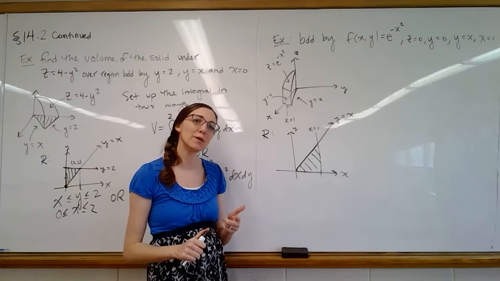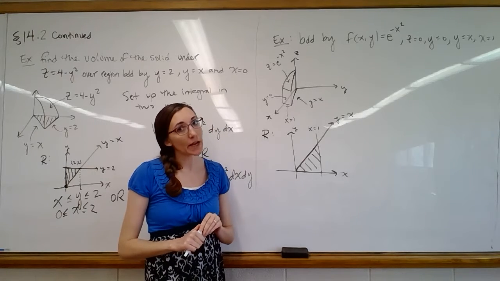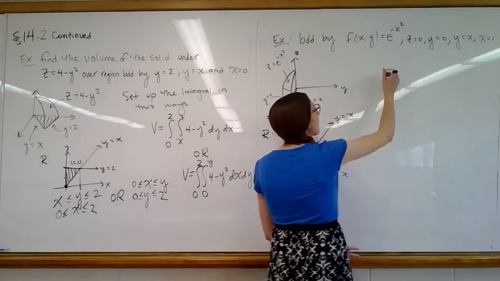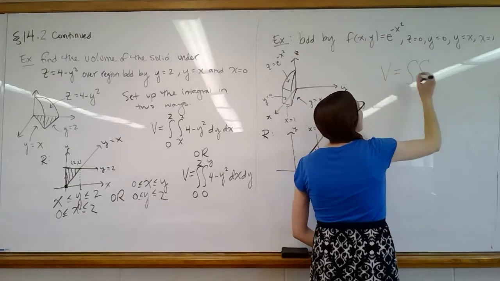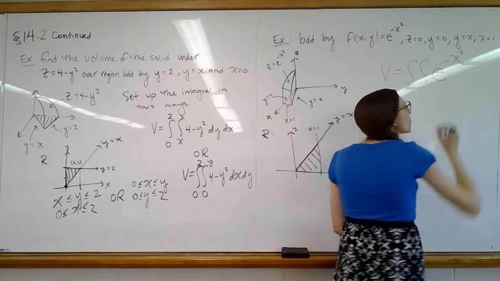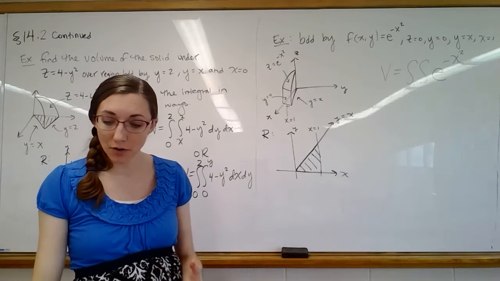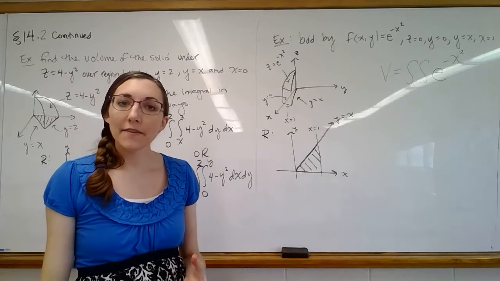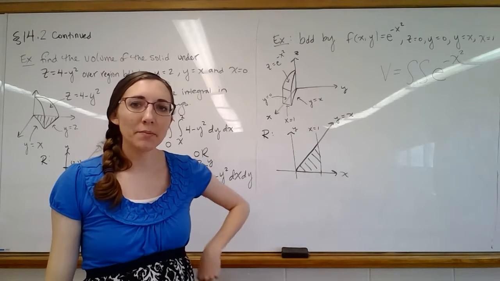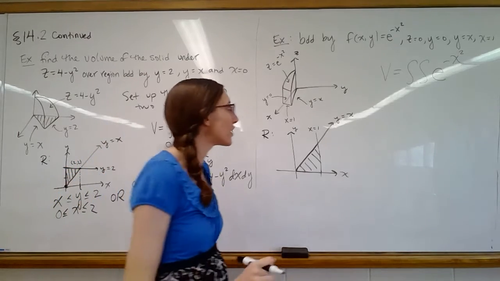So one of the things we might think about is to look at the function that we have to integrate. If we think about what our volume is going to be, it's a double integral of e to the negative x squared. And e to the negative x squared doesn't have an elementary antiderivative if I do dx first.